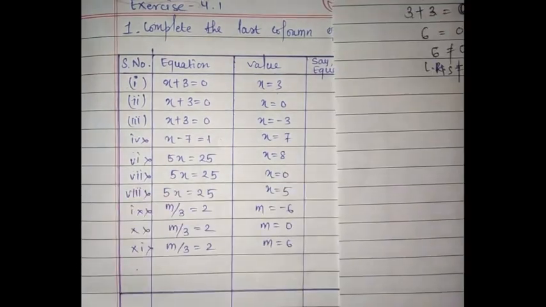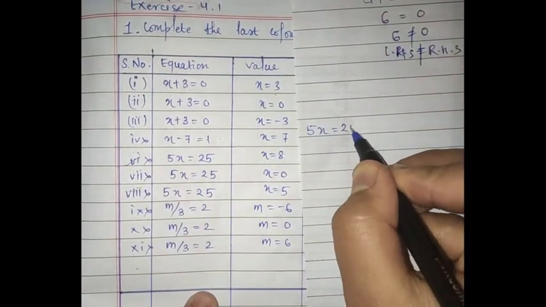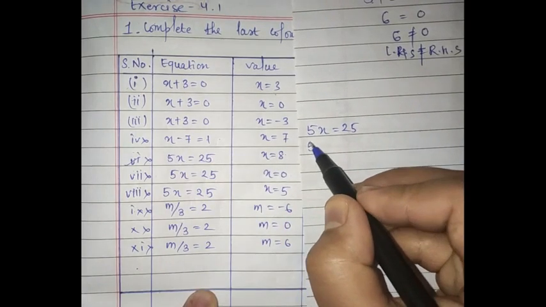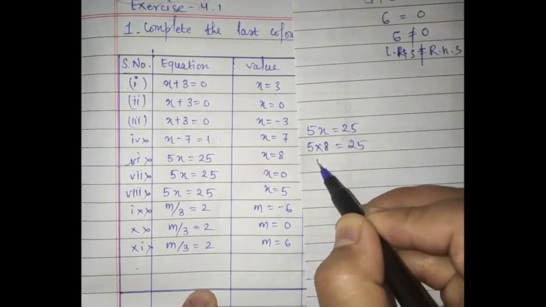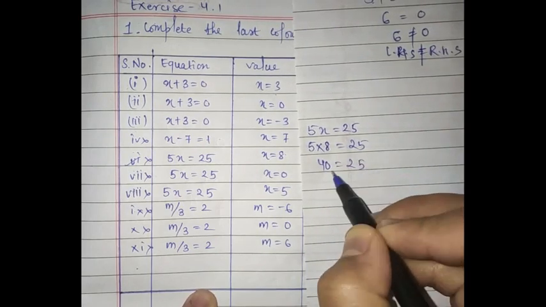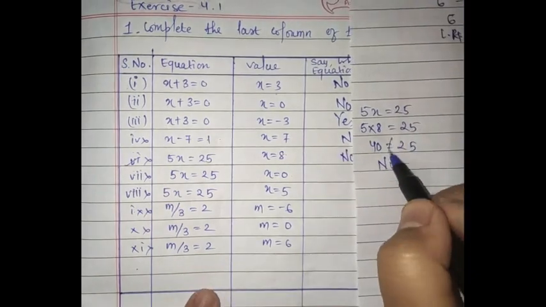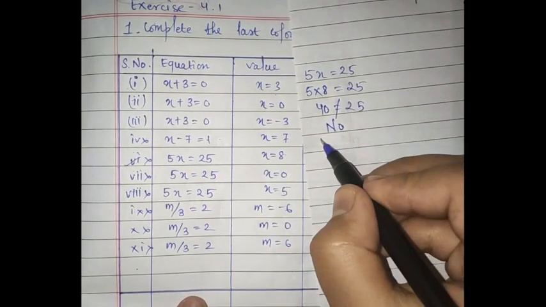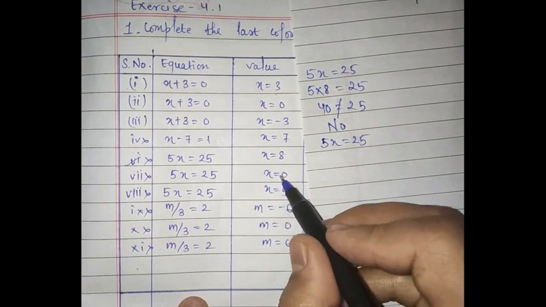Similarly, our next question, number 5x is equal to 25, in which x value is 8. So 5 into 8 is 40, is it equal to 25? No. That's why we will write here no, because this is not equal to this. Next, 5x equals 25, in which our x value is 0.